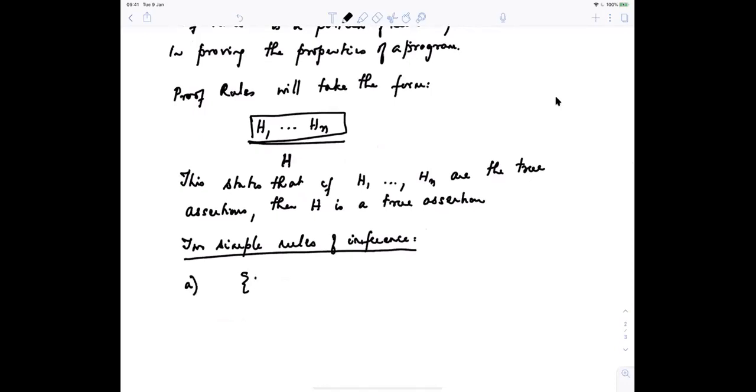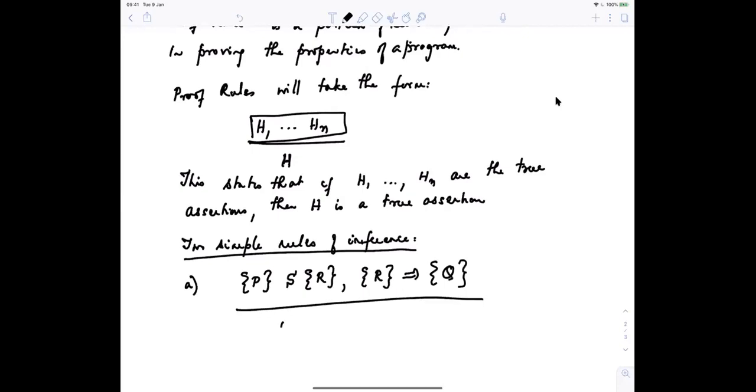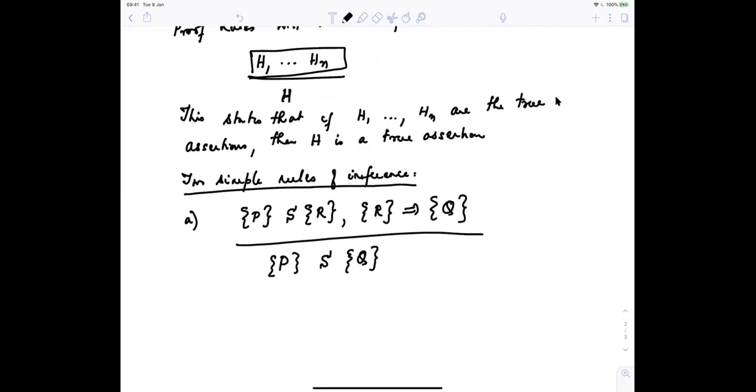If I have an assertion P that is true before a sequence of statements or a statement is executed, and this leads to the assertion R, and we also have that the assertion R implies Q, then the proof rule, what we can assert is that P S asserts Q. P is the precondition for the sequence of statements S leading to the postcondition Q.